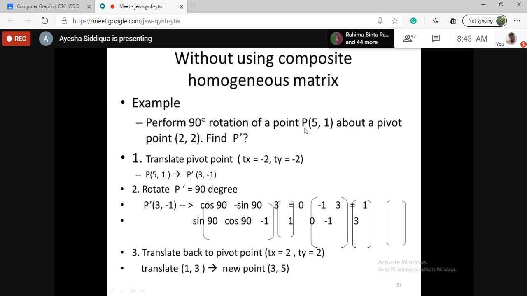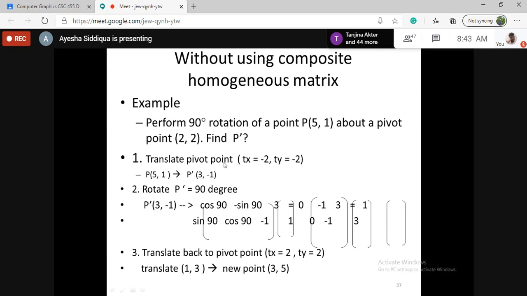Let's say it is minus 2. The initial value is 5 and 1, and the pivot point is 2 and minus 2. Then P bar will be 5 minus 2, that is 3, and 1 minus minus 2, that is 1 plus 2, 3. So you will have 3 and 3. Like you have here 3 and minus 1. If it is 2, 2, then you have 5 minus 2, 3, and 1 minus 2, that is minus 1. Okay, ma'am. Thank you, ma'am.